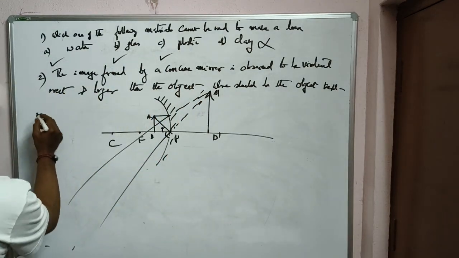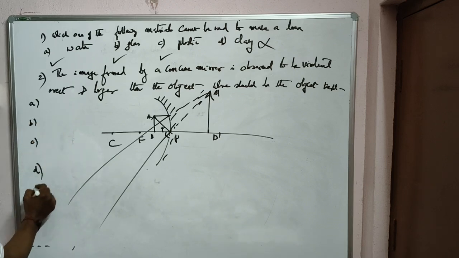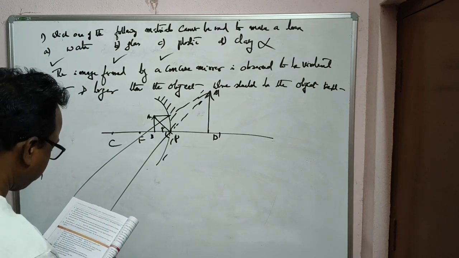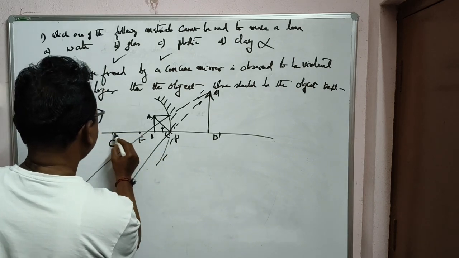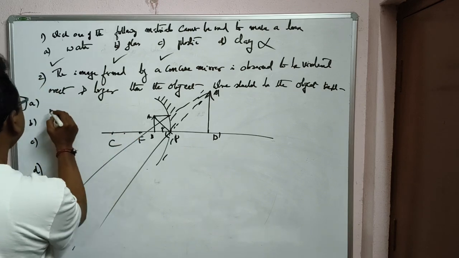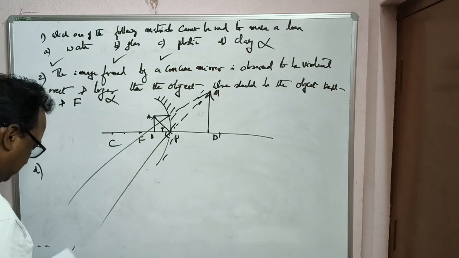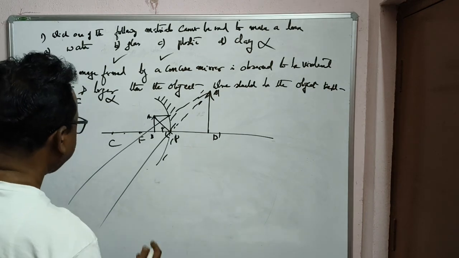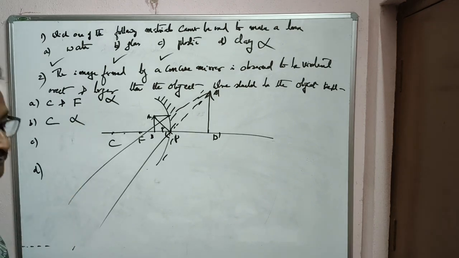The answers are also given as A, B, C, D. The first one says between principal focus and center of curvature. This is wrong. Between C and F is wrong. Second one, at the center C. This is also wrong.